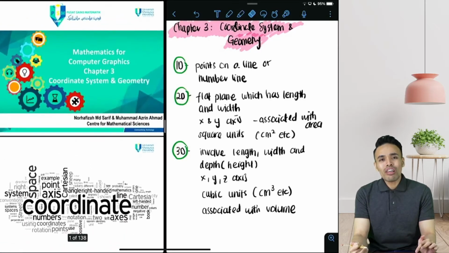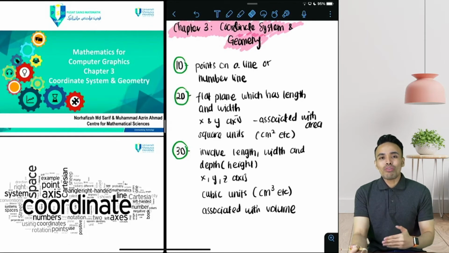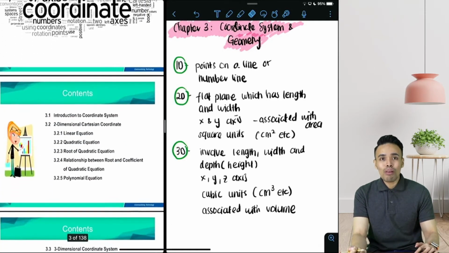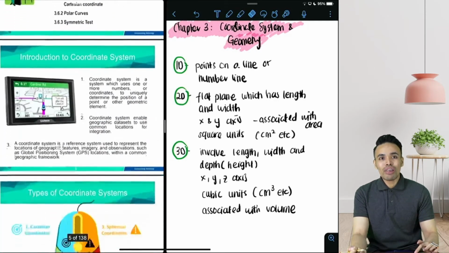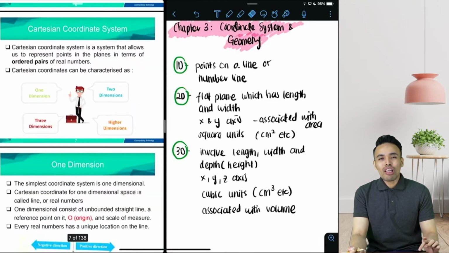Before we go further, I would like to introduce to you three types of coordinate system: the first one is the one-dimensional coordinate system, then the two-dimensional coordinate system, and the three-dimensional coordinate system. If you can see on your screen, a one-dimensional coordinate system is defined as a point on a line or number line.